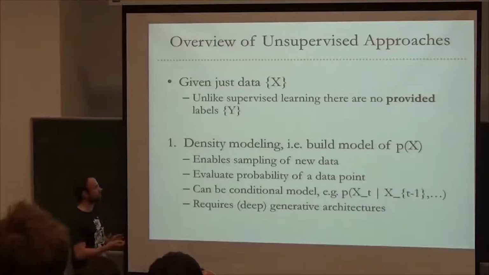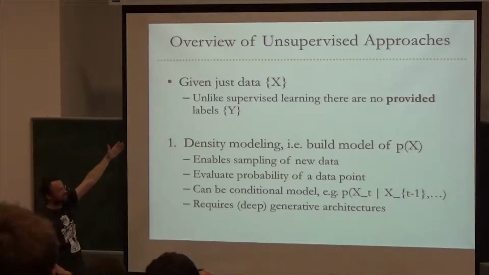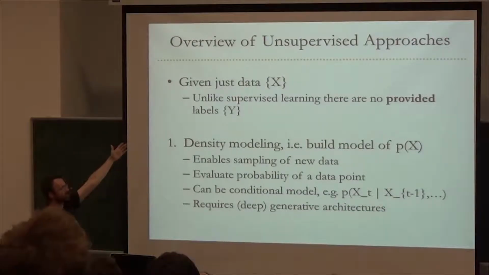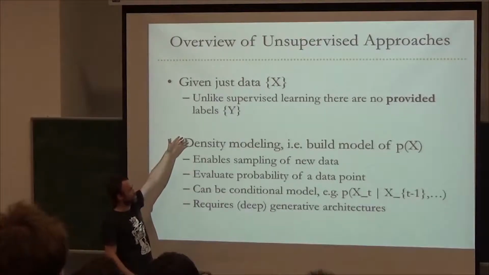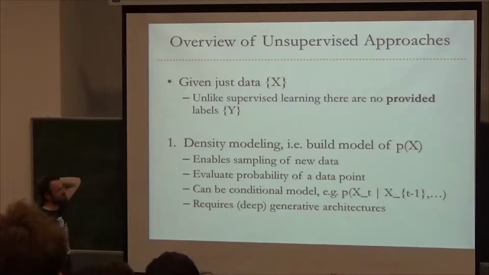Okay, so just to try and put some structure here. We're given some big data set X. And in the previous talk, we were considering for every example X, you would have a corresponding label Y. Now, in the unsupervised learning setup, you're not going to be given that.